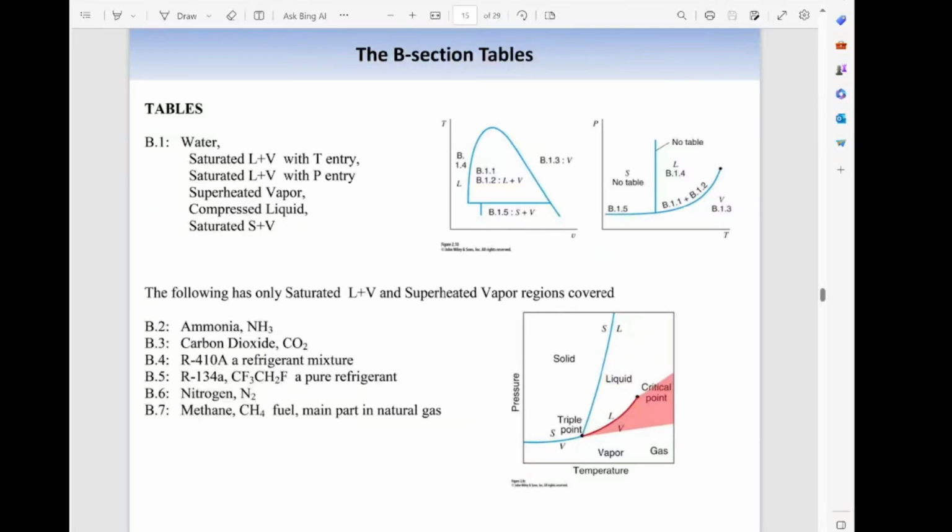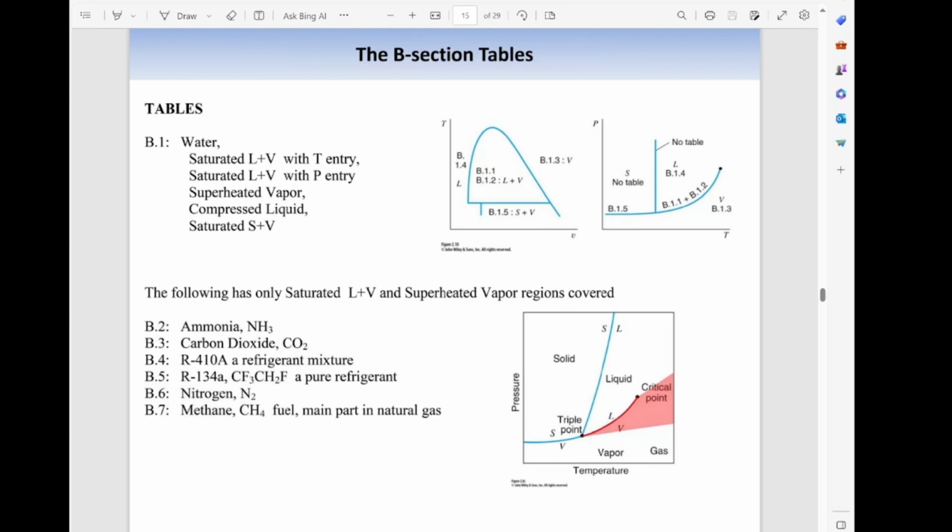Okay, the next slide just provides a listing of the tables and what they contain. What you'll see here is that the water table B.1 actually contains multiple regions: the liquid-vapor region with a T entry, which is a temperature entry, the saturated liquid and vapor region with a P entry, superheated vapor, compressed liquid, and the saturated solid and vapor regions.